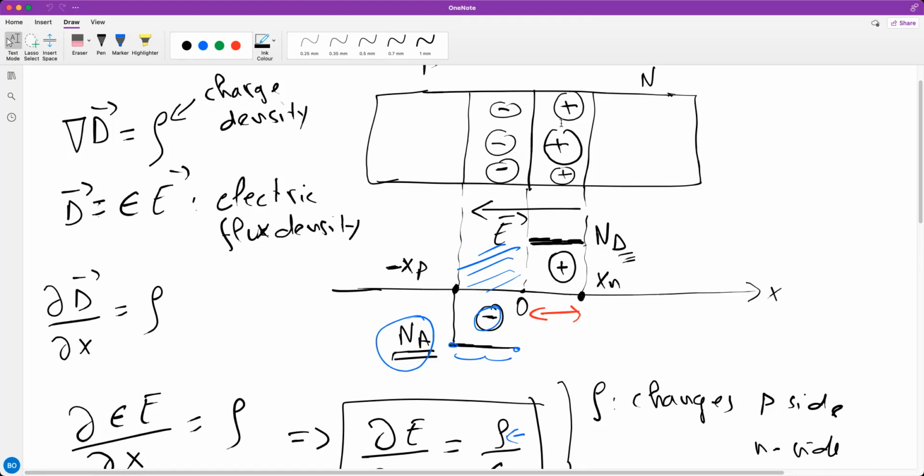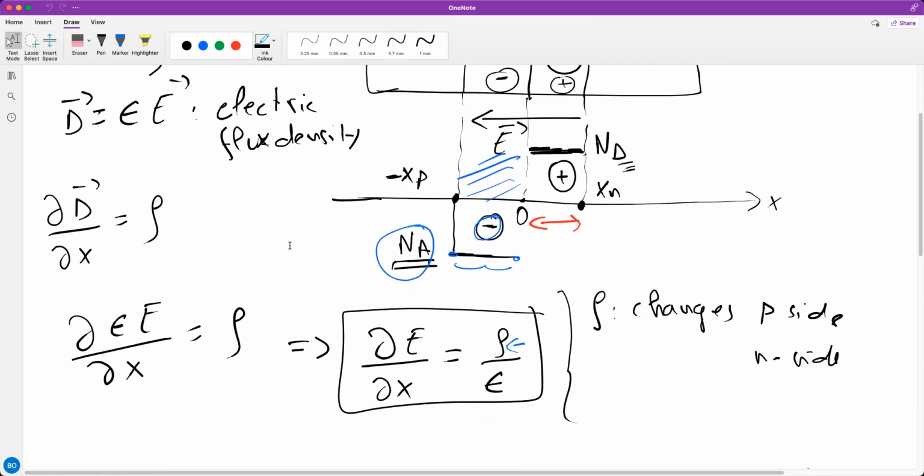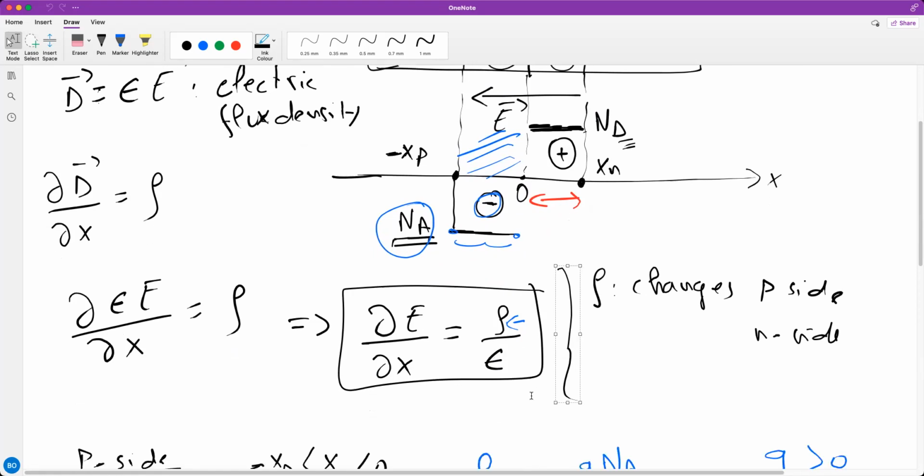This is very important. Now we can easily use Maxwell's equations: the divergence of the electric flux density is equal to the charge density, which means we can easily see that the divergence of the electric field is equal to the charge density divided by the permittivity of the material.